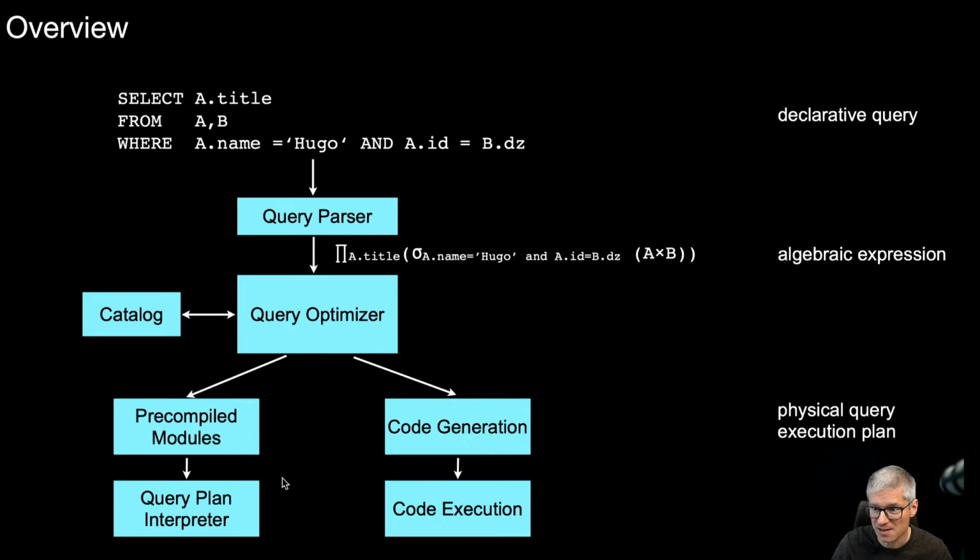The disks were the bottleneck, so whether you would go down the left path or the right path wouldn't make so much of a difference. But in the context of a main memory system where I/O is so much faster, I/O to DRAM or other similar media, there it makes a huge difference, and the code execution plays a role.